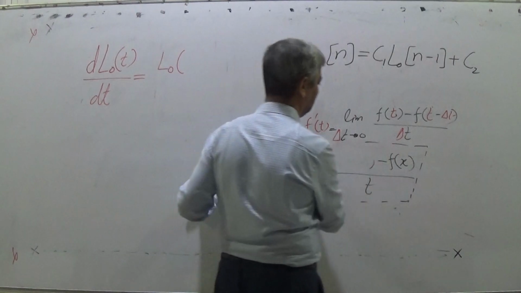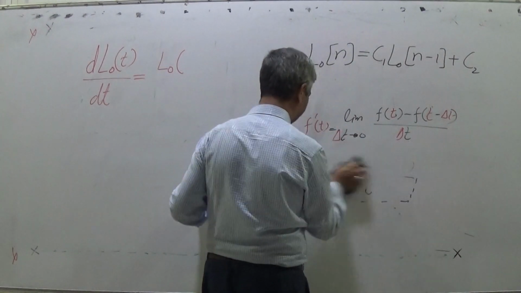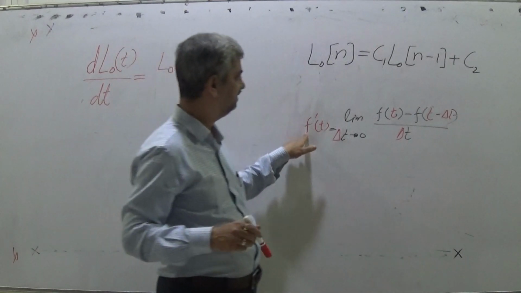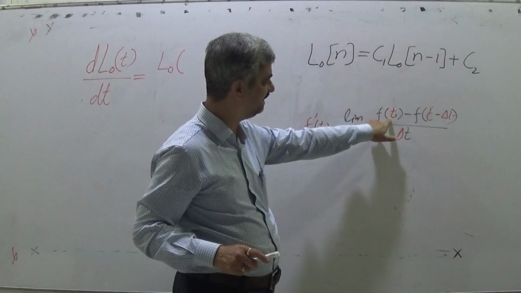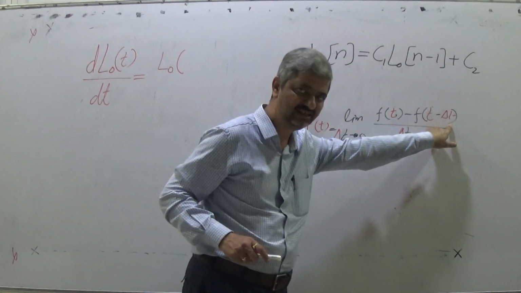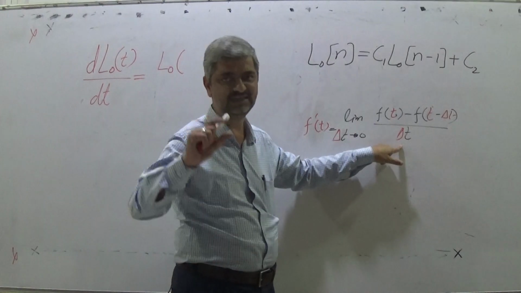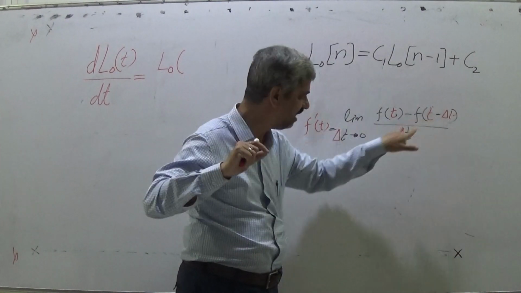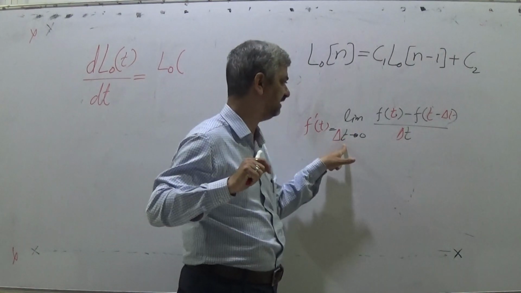So I again re-explain. The time derivative of a function is the value of the function at a given time minus the value of the function at the previous instant, upon the time slot, as the time slot tends to 0.